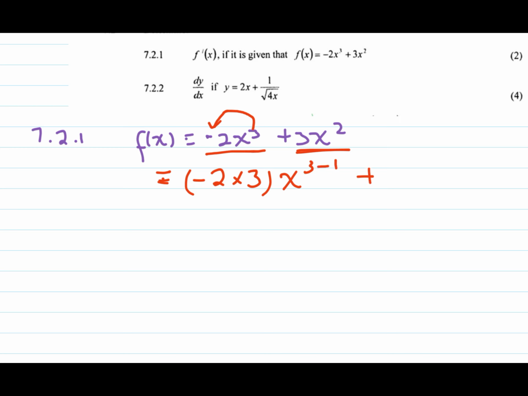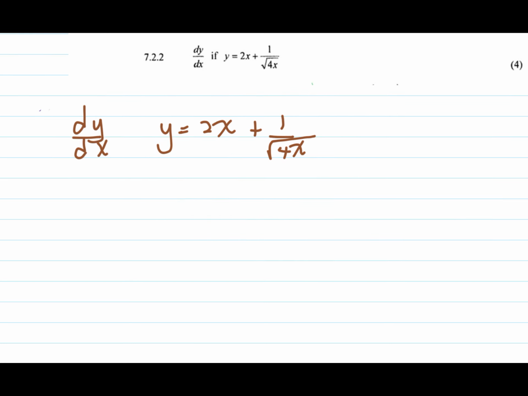And then plus, again, we do the same thing. 3 times 2 to the power x, 2 minus 1. And then we just simplify. This is negative 6x to the power of 2 plus 3 times 2 is 6, and then 2 minus 1 is 1, and this is the answer.